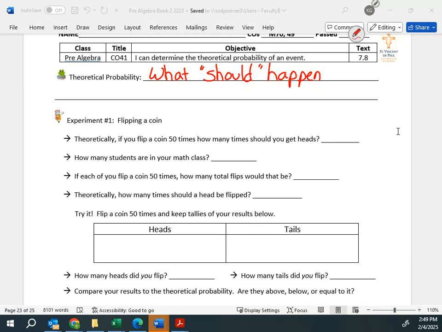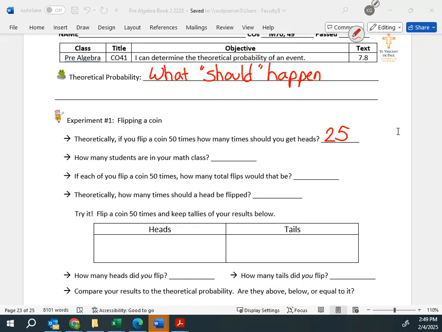So think about it. You're flipping a coin 50 times. You could either get heads or you could get tails. Theoretically, you have a 50-50 chance of getting heads or getting tails. So if we're splitting it down the middle, theoretically you would flip heads 25 times.